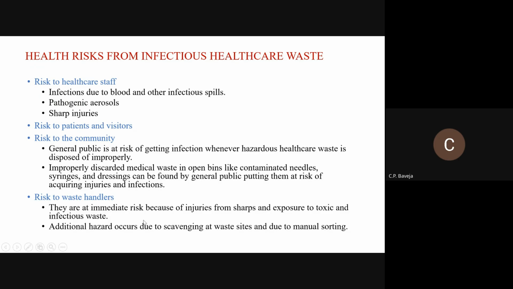So they should be very careful, and standard precautions should be used: they should wear gloves, aprons and masks, and take all these precautions while handling the healthcare waste. An additional hazard occurs due to scavenging at waste sites and manual sorting. When you are manually sorting, you are also at risk.